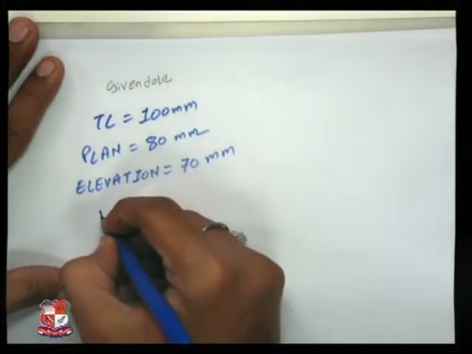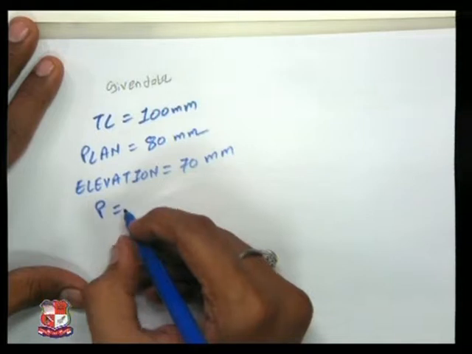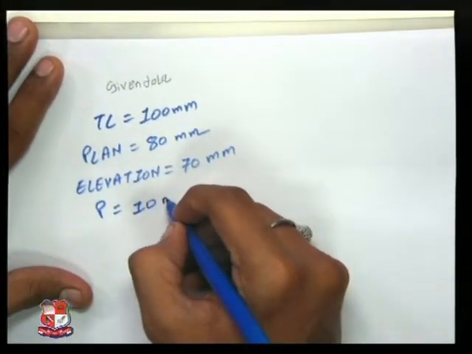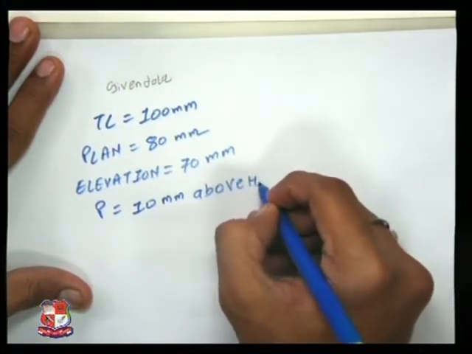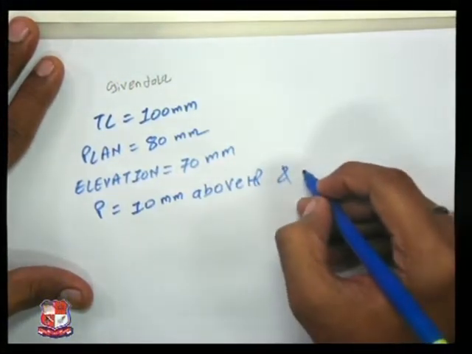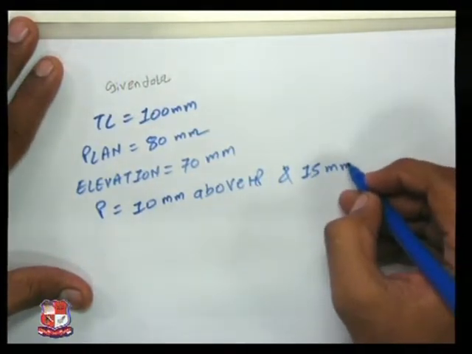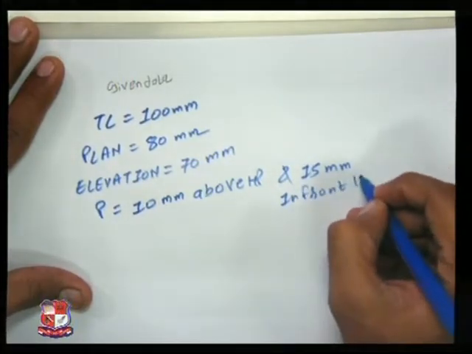Location of P is given as 10 mm above HP and 15 mm in front of VP.